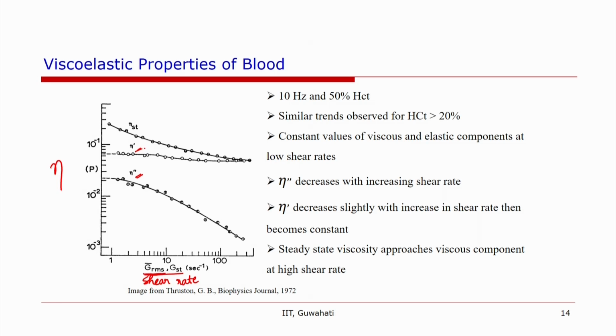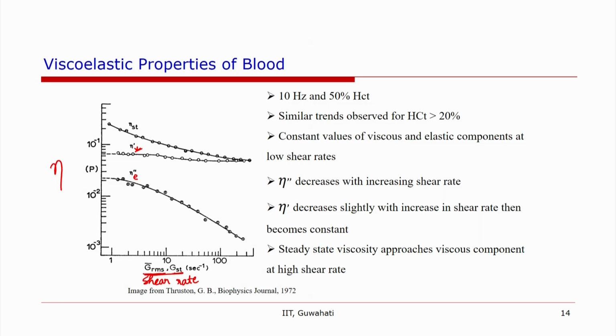So, this is eta viscous, and this is eta elastic, and the third graph shows the viscosity under steady shear conditions. That is why on the x axis you also have the velocity gradient or the shear rate, for steady state conditions.